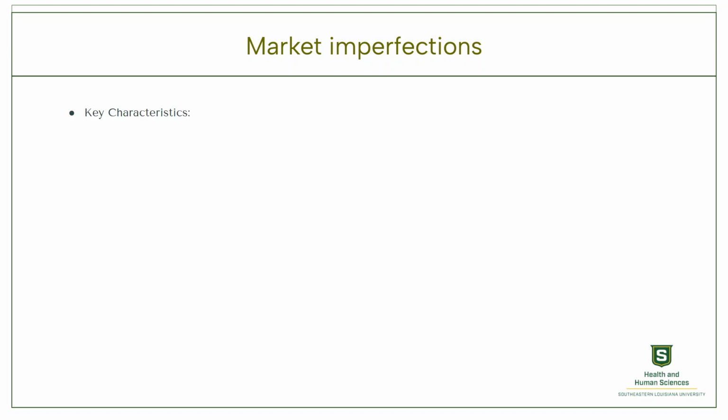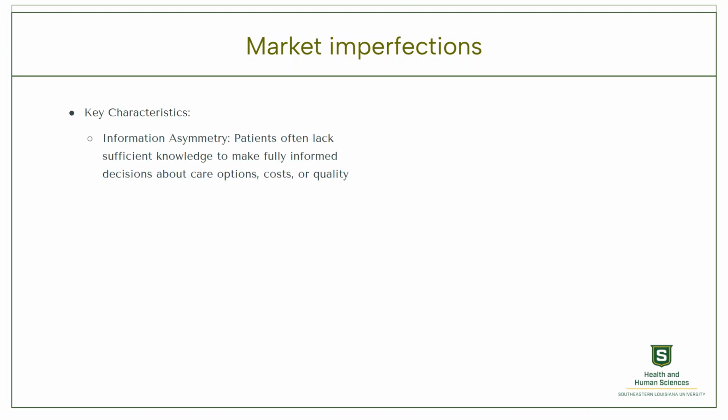So the characteristics of an imperfect market is that there is information asymmetry, which means that patients lack sufficient information to make informed choices. Let's say an iPhone or an Apple product. I would know how much an Apple product costs before I choose whether I want to buy it or not. It doesn't happen with the healthcare system because there's a lot of information asymmetry.